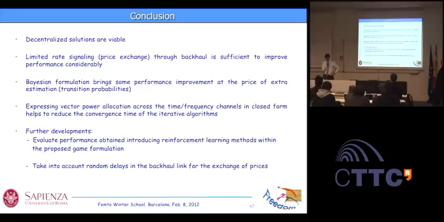We assumed a very simple protocol from a network point of view. We establish a maximum delay, and if we receive this price within this delay, it's okay. Otherwise, if the delay is over this value, we just drop it. We don't consider that packet anymore.